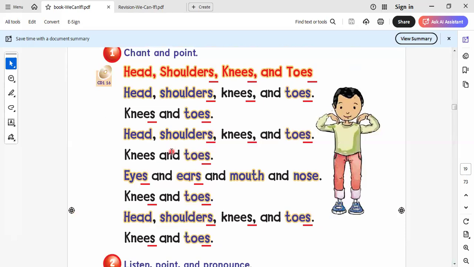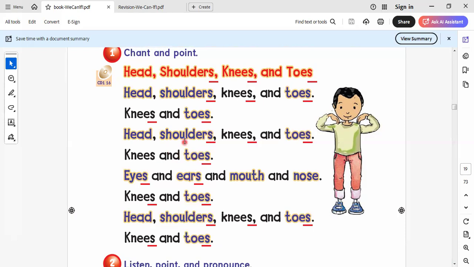The parts of the body that we have two of, we say legs, hands, knees, toes, eyes, ears. All these have two parts, but the head is one part, and the nose is one nose. So everyone has one nose and one head.